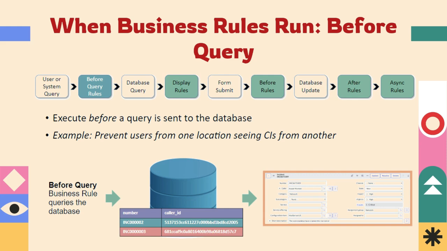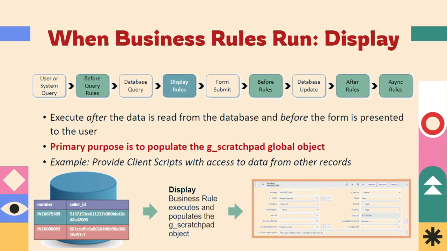Suppose we have to request the same kind of incident for a particular location, or like you can see the example, we can prevent users from one location seeing CIs from another. This could be one example, and there could be many more. So before query business rule queries the database. So this is all about before query, and let's move further and see how display rule works.